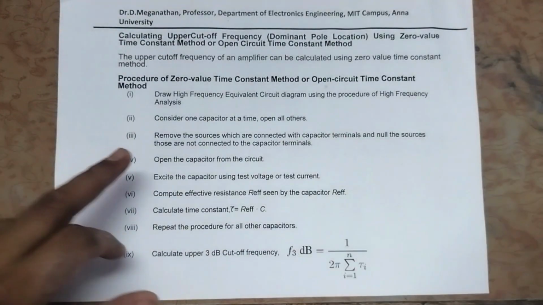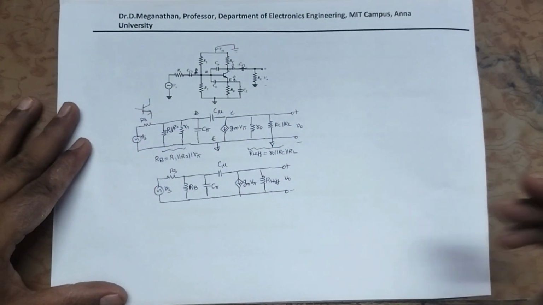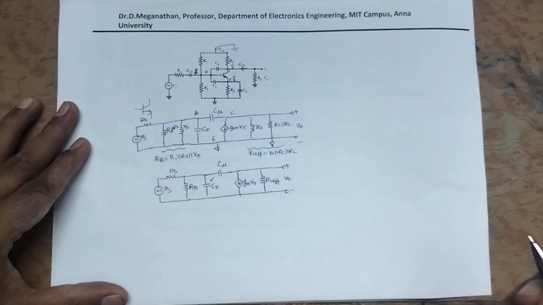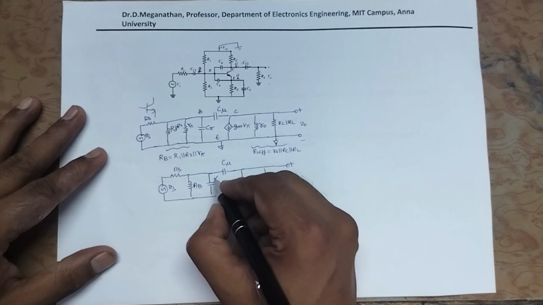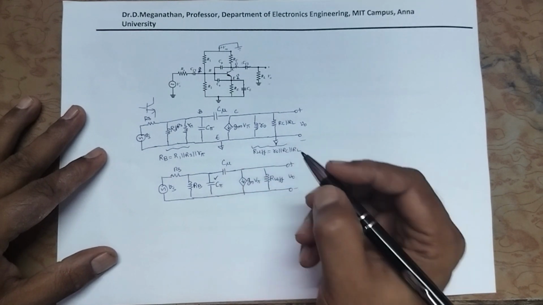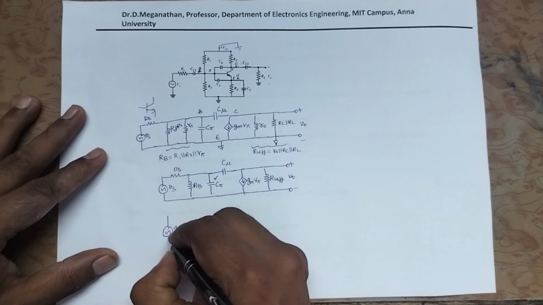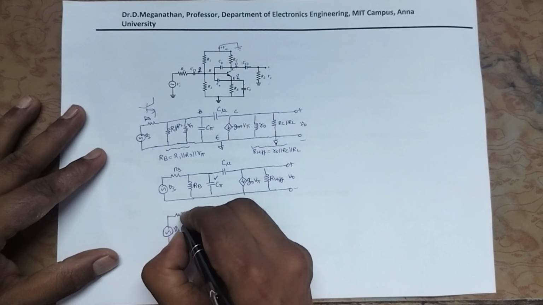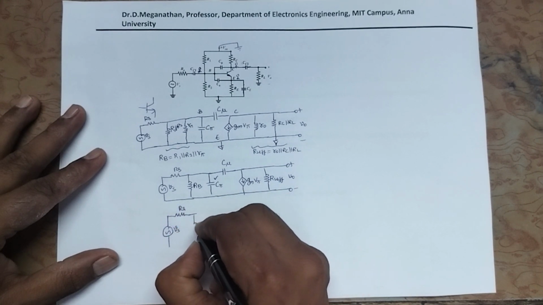Now, as per step number 2, consider one capacitor at a time and open all other capacitors. There are two capacitors, C pi and C mu. Let us consider C pi now, then open C mu. Vs, Rs, Rb.